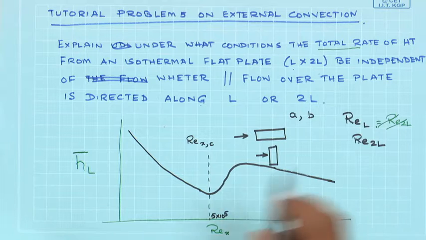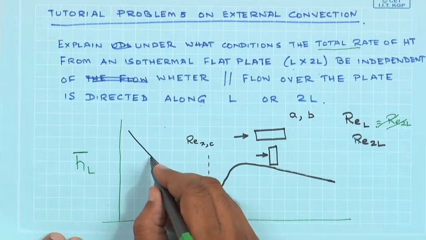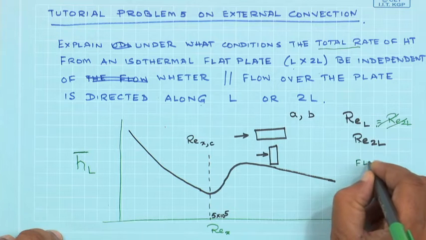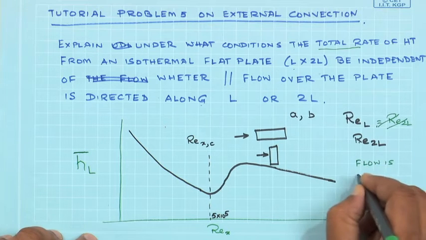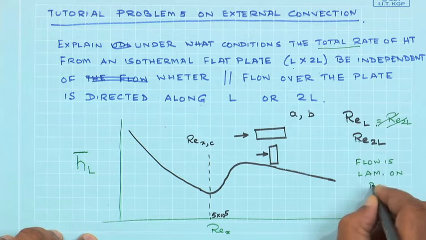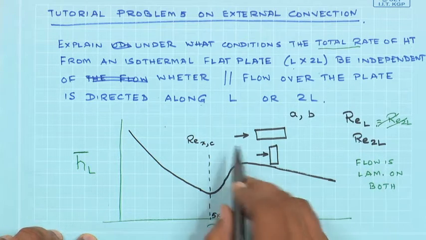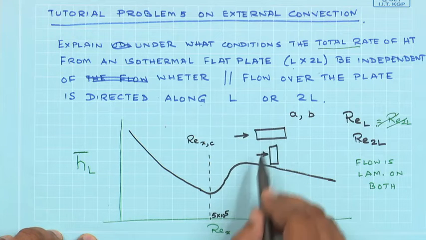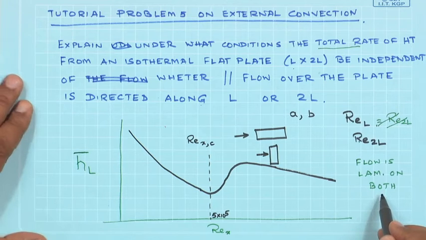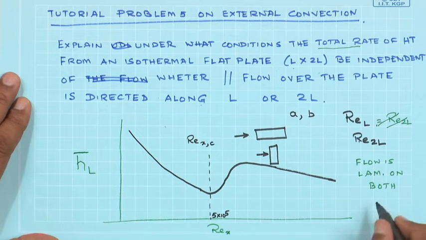Now, let us see, is it possible, there are cases that the flow is laminar on both. So, whether you have flow along this or flow along this, in both cases they are going to be laminar.